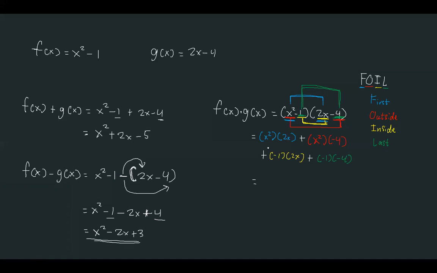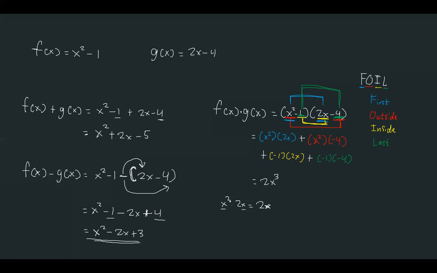If we multiply the first terms, we're going to have 2 times x raised to 3. So how is this possible? Basically, we have x squared times 2x. So we're going to copy the 2. Then we have two x's here, x squared and x. So we're just going to copy the x.